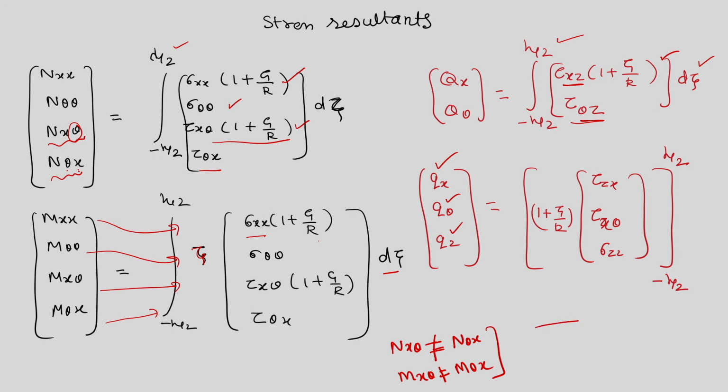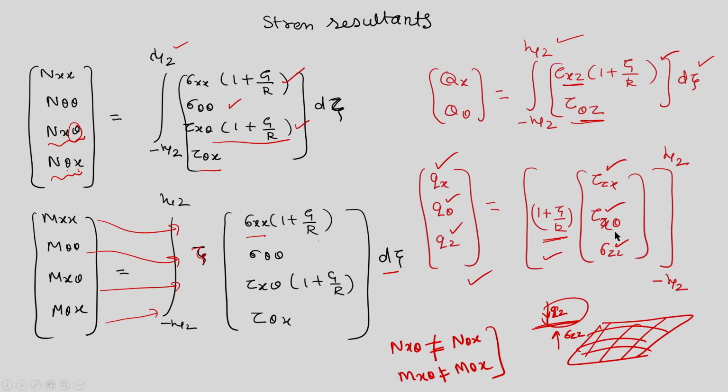For example, in the case of a plate, if you apply a qz, that will be equal to sigma zz, the loading per unit area, because it works on that complete area. Then the 1 plus zeta by R factor comes in, along with tau zx, tau x theta and sigma zz. Ultimately, the applied traction equals the resisting traction, or inside stresses, at the boundary.